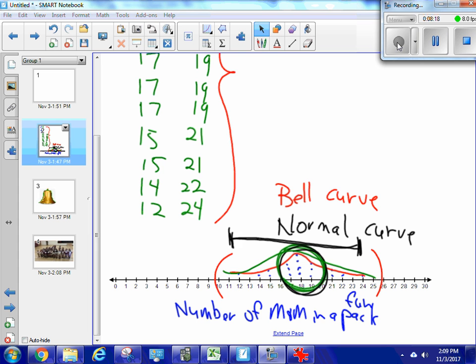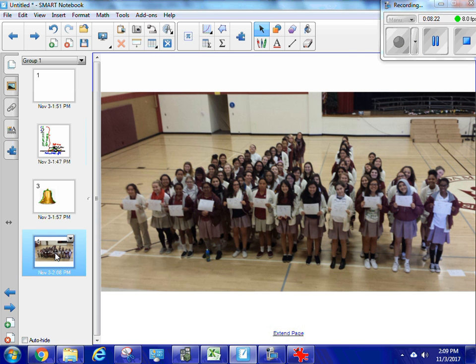For example, one of the things that we like to do here at NDA is every year we make a human histogram of our senior class. So this was our senior class of a couple of years ago, and you can kind of see, they all got lined up by height order, and it has the same bell curve-ish type shape.